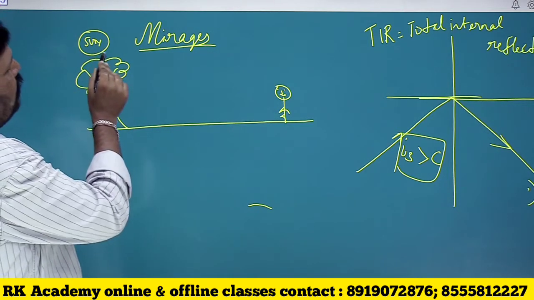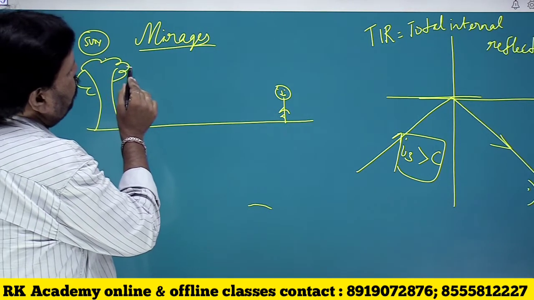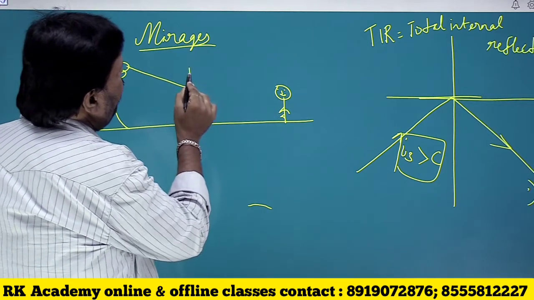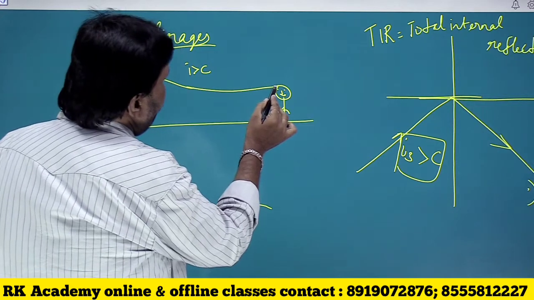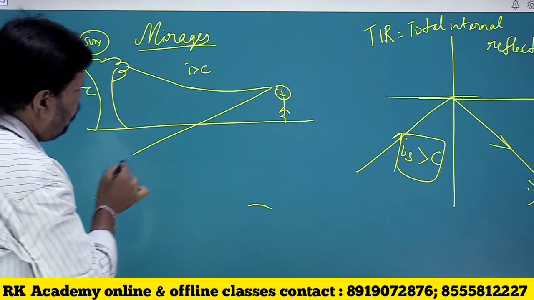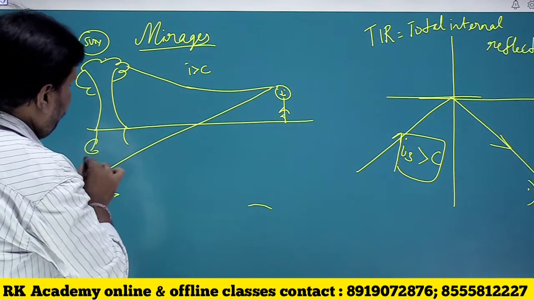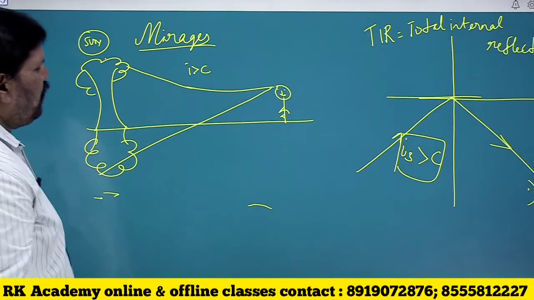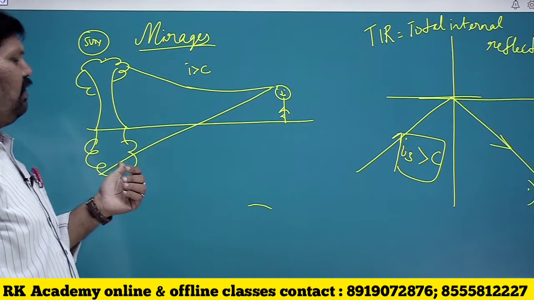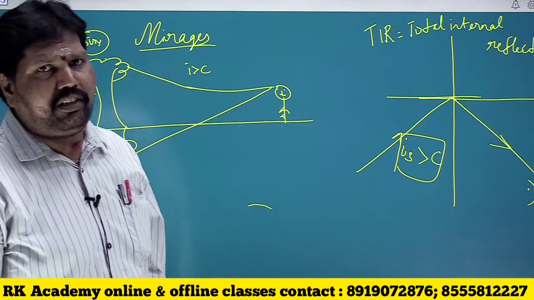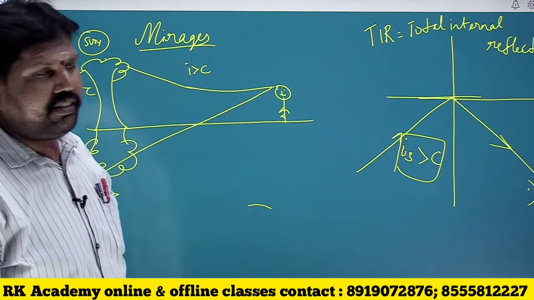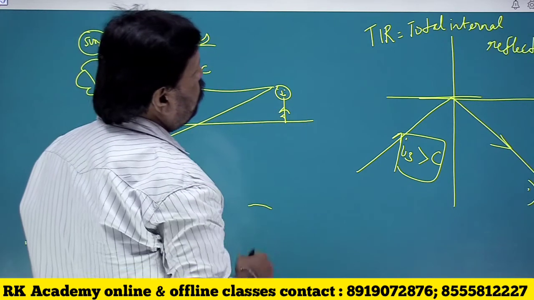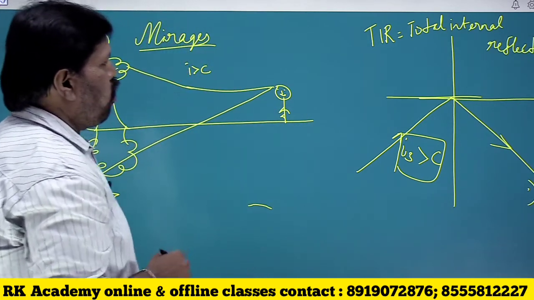The light falls on the tree and is reflected, and goes where the angle of incidence will be more than the critical angle. It moves like this, and it appears that the tree forms an image here. But when you come here, you really can't see the image of the tree. So this is a pure mirage. Mirages are formed due to total internal reflection.